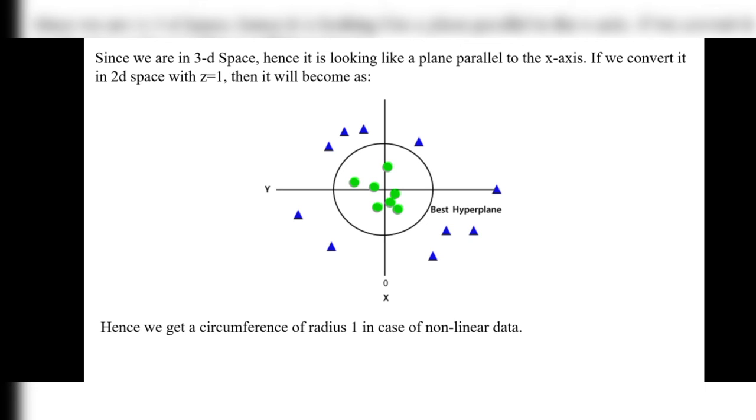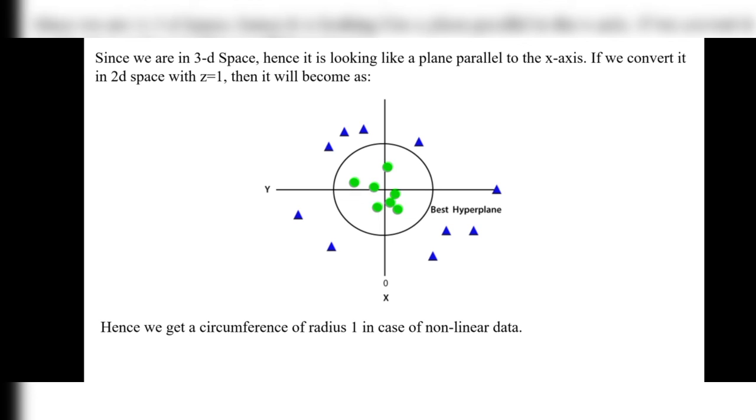If we convert it into 2D space with z = 1, the 3-dimensional space is reduced to a 2-dimensional space. The image looks like this. Hence we get a circumference of radius 1 in the case of non-linear data.